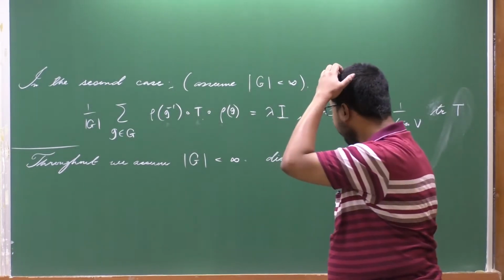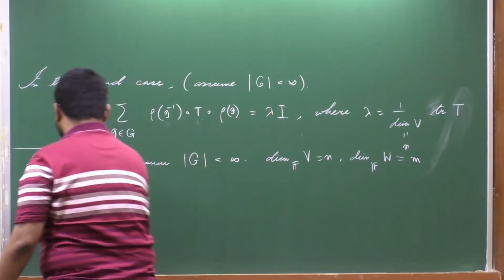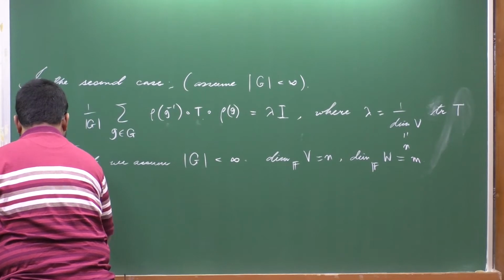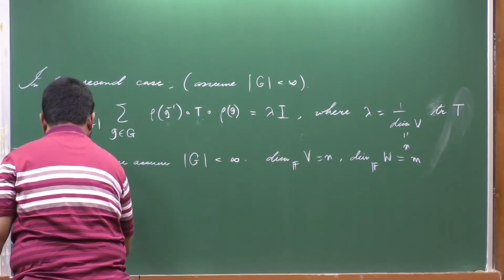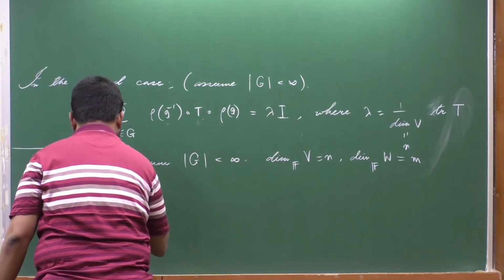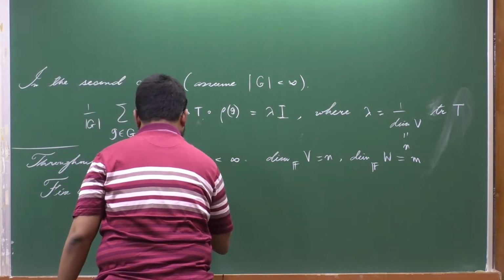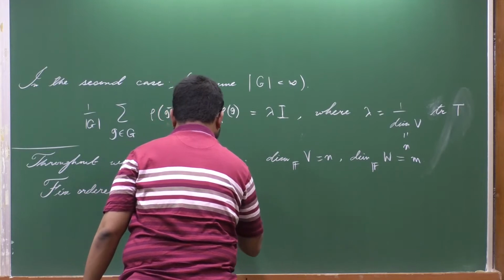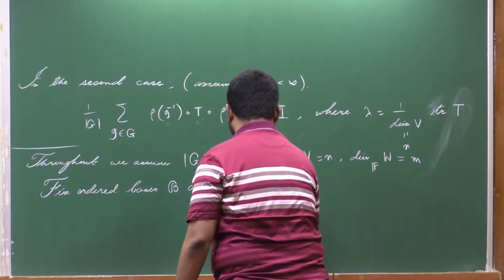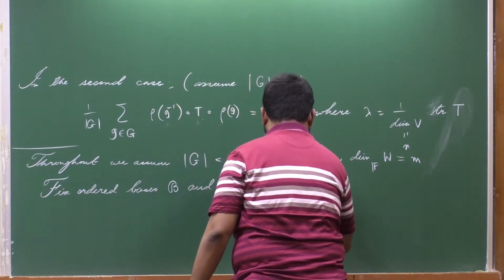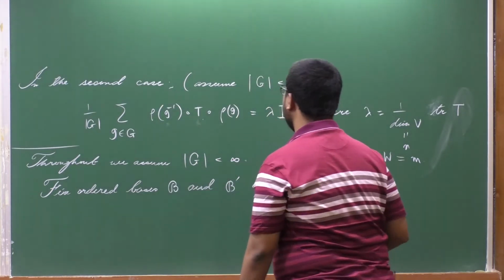Okay. So fix ordered bases B and B prime of V and W respectively.